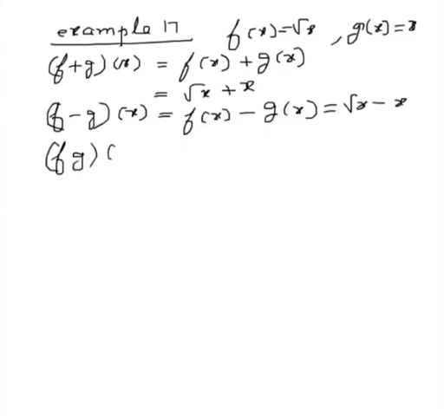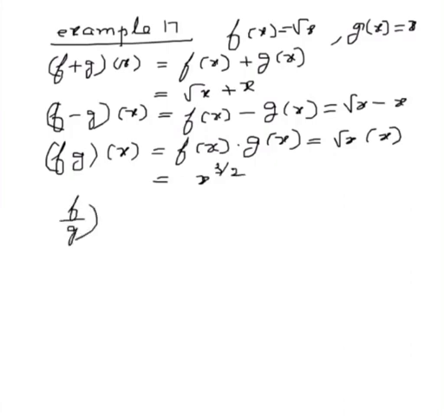F into g of x is equal to f of x into g of x. So root x into x. Root x is power half and x is power 1. Half plus 1 is 1.5, which is 3 by 2.